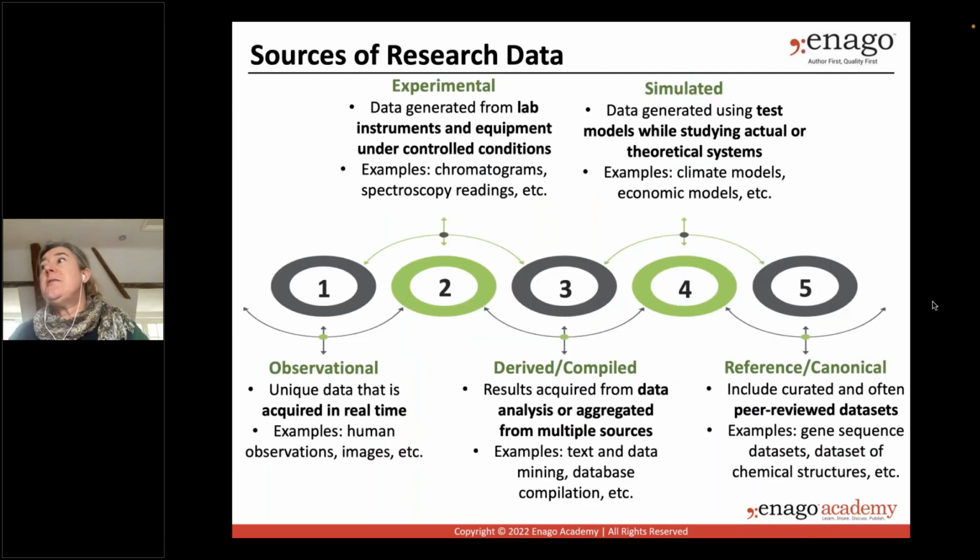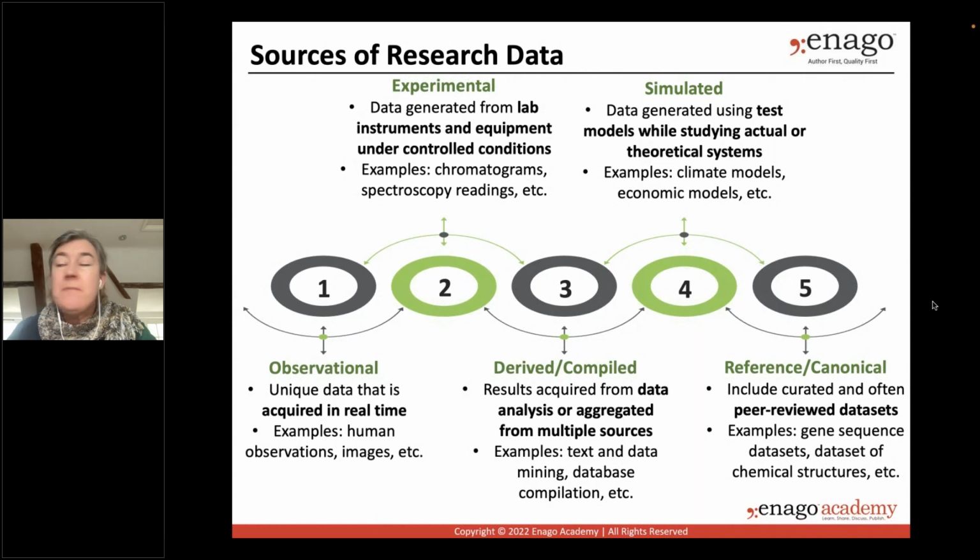Thinking about the sources of research data, let's go into a little bit more detail. We've got observational data, so that's unique data that's acquired in real time. Perhaps it could be meteorological, as well as human observation. There is experimental data from instruments under controlled conditions, often medical or biological in origin.